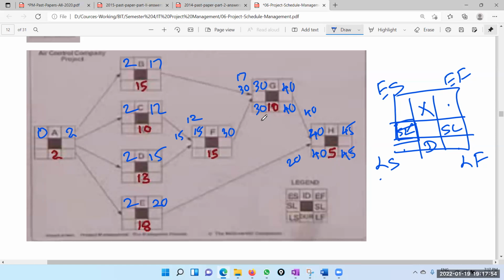So this is 30 means this is 30, because earliest late finish is here, late start. So therefore this is 15. This is 30 means this is 15. And this is 40 means this is 40. So this 40 means this is 40 minus 18, 22.